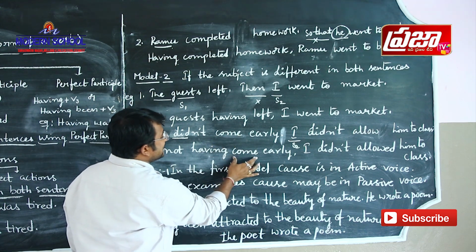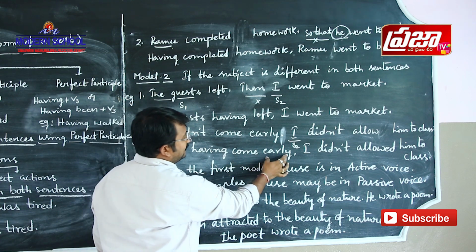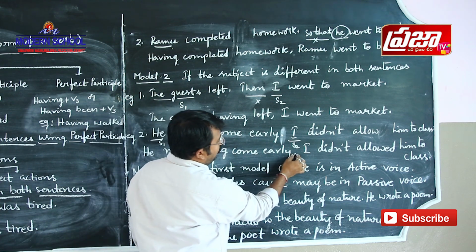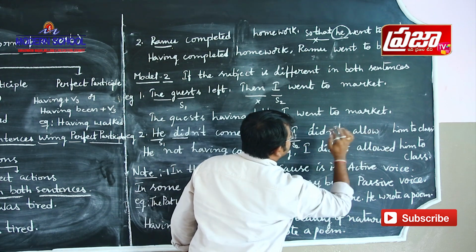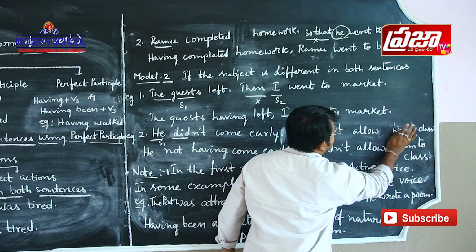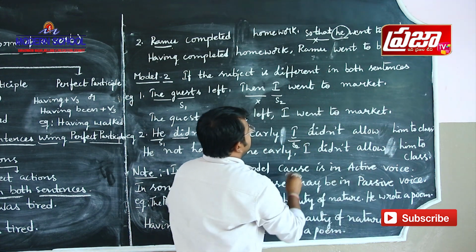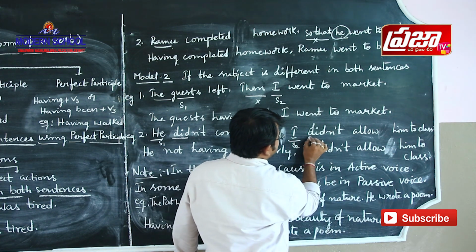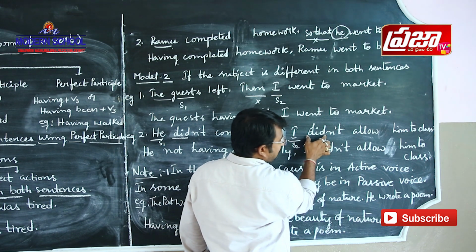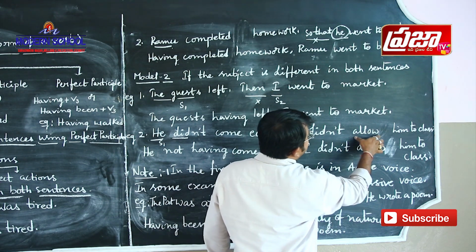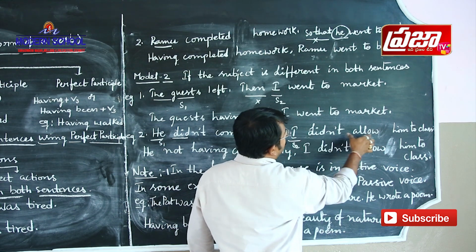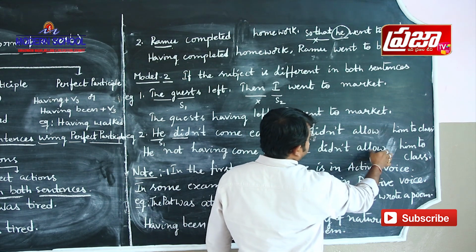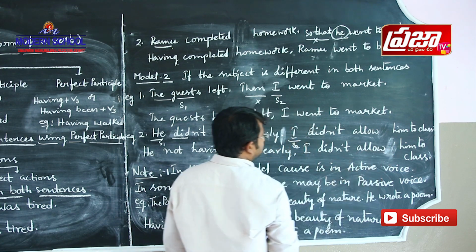So V3 is come, early, and after that we have to use a comma, and you have to write the remaining sentence as it is. See, what you have to understand here is, if we use a helping verb and it asks us to utilize the main verb after the helping verb, we have to use the base form of the verb.